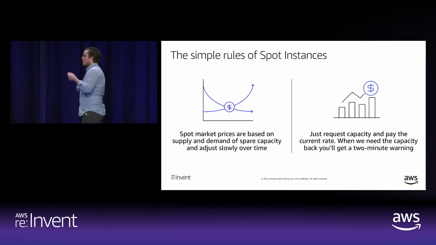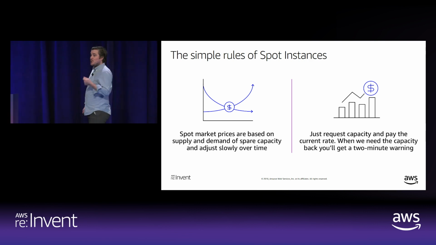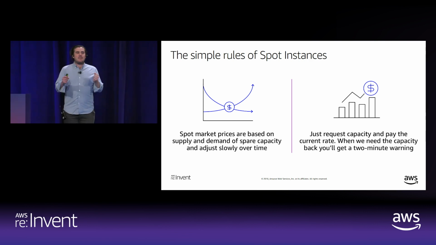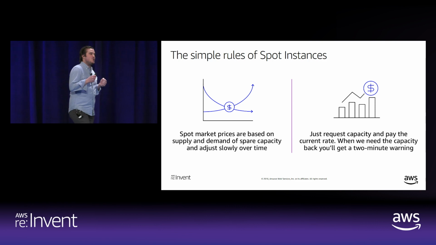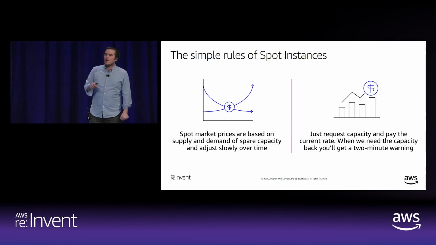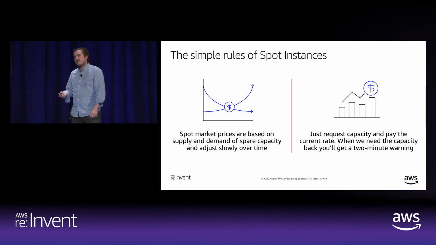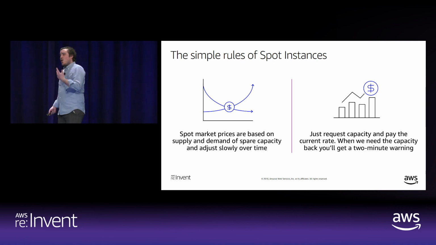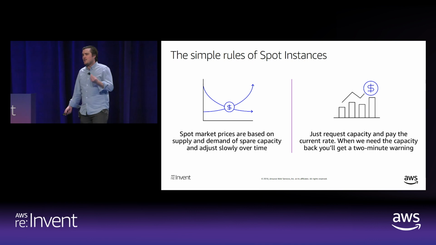And then the other big thing, for those of you who have been thinking about or exploring or using spot for a long time, bidding is not a thing anymore. You do not bid on spot instances. You used to, years ago, it's not a thing anymore. You just request capacity. If capacity is available, we're going to give it to you. And the only reason we're going to take that capacity back off you these days is if we need to give it to an on-demand customer.